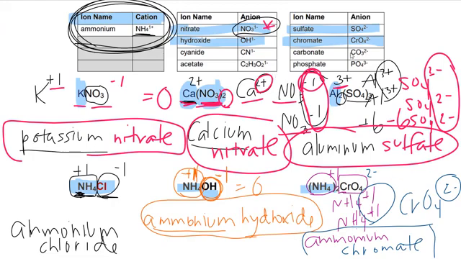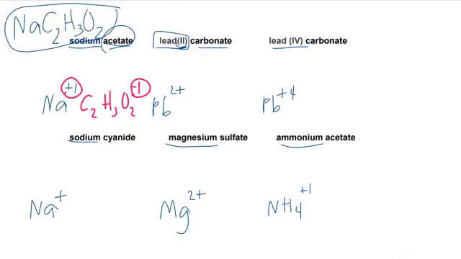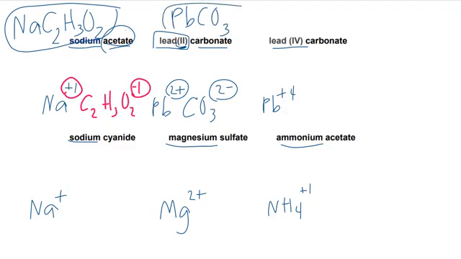And carbonate is CO3 with a -2 charge. So here I've got a +2 and a -2, which balances out to 0. So to write this compound, I'm just going to do PbCO3. That is lead 2 carbonate.